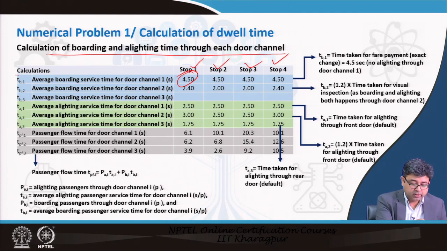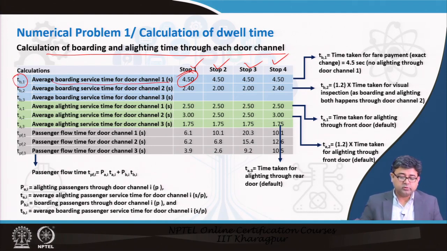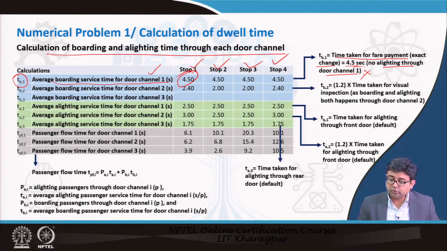So, if you have to calculate TB1, that is the average boarding service time for door channel number 1, all you need to do is take the time taken for fare payment, exact change, which is equal to 4.5 seconds, with no alighting through the board. So, this is the time taken to board through channel 1, as there is no alighting allowed through channel 1.